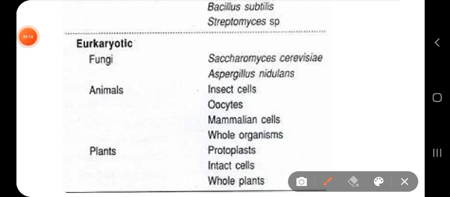Then fungi. You can use fungi as host cell like Saccharomyces cerevisiae, Aspergillus nidulans. For animals, we can use insect cells as a host cell, oocytes. Mammalian cells can also be used like the Chinese hamster ovary cells. Whole organism can be used.